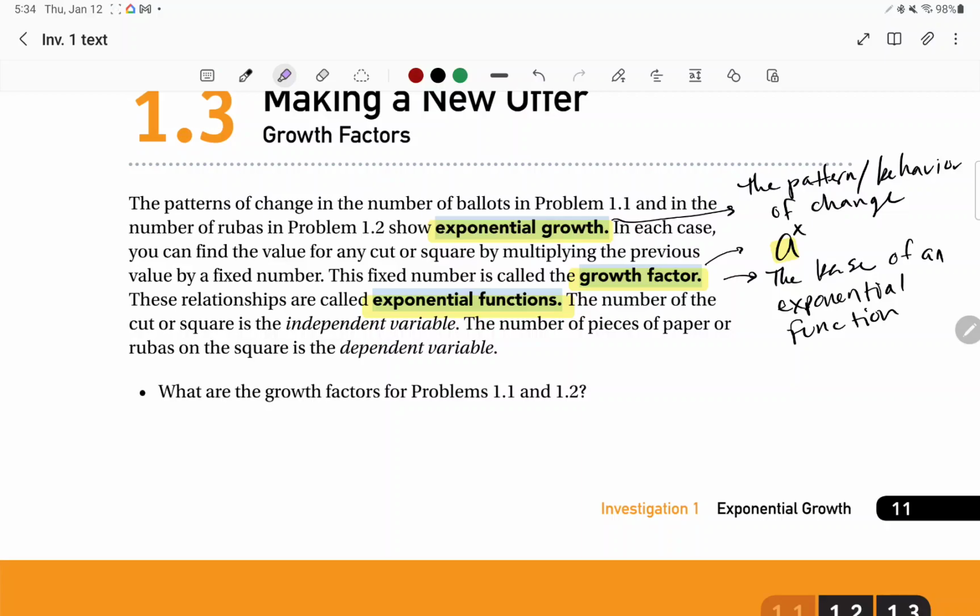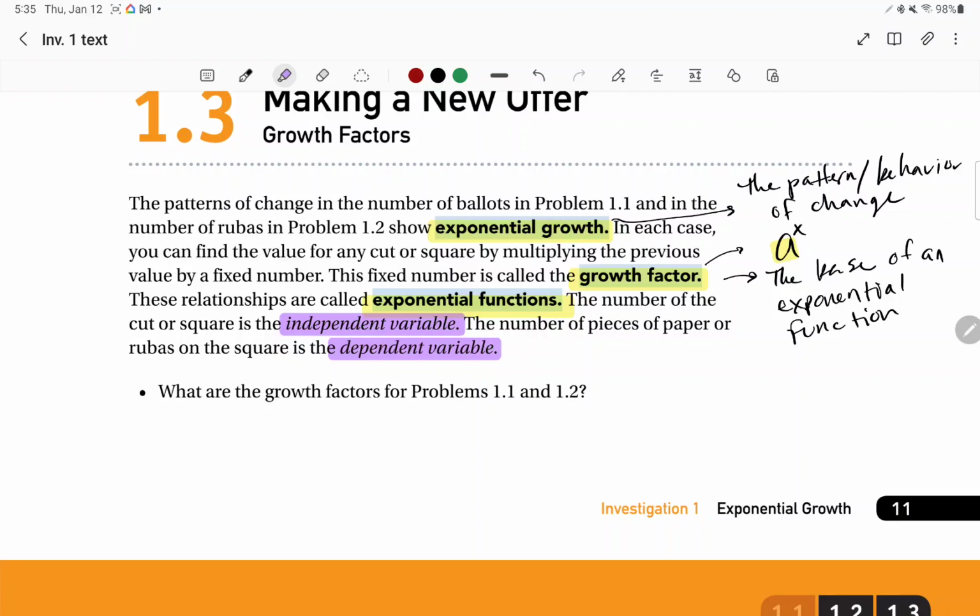If you're talking about the chess question, the square that you're on when you're putting those rubas on there, that would be your independent variable. Your dependent variable would be how many pieces of paper you'll get, or the rubas on the number of squares. So that's the dependent variable. Those are the things that depend on the other thing.